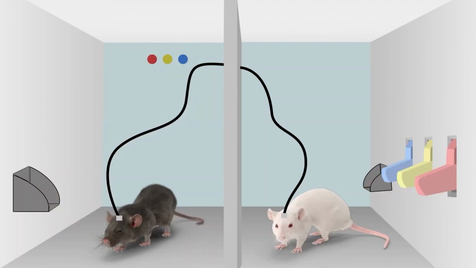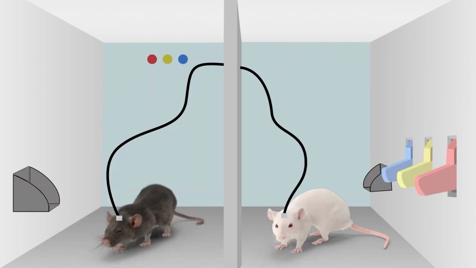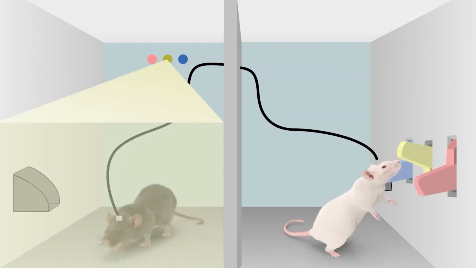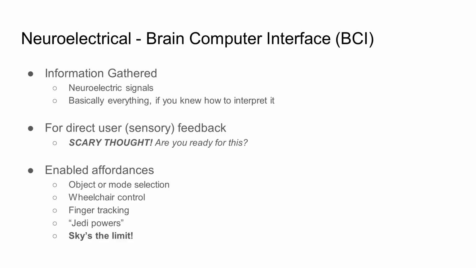So in the same way that we can use BCIs to allow our users to have a kind of mind control, that very same ability can also allow us to read their minds, in quite a literal sense. Now, we don't quite know enough about brain signals to visualize thoughts and project dreams onto a screen like some movies would indicate.